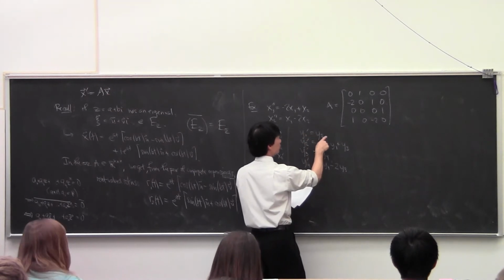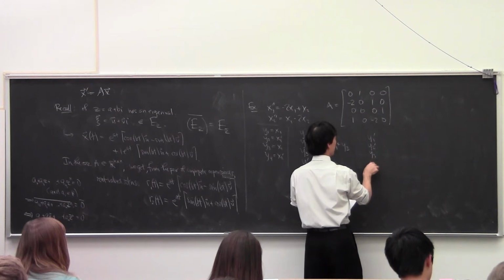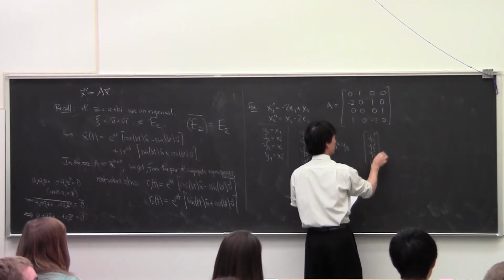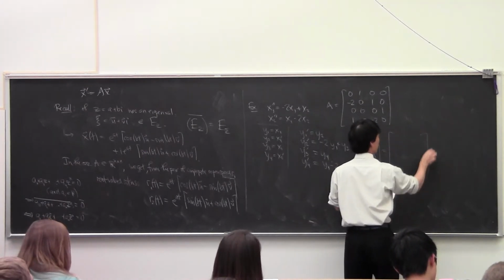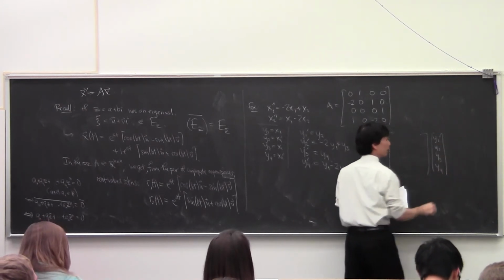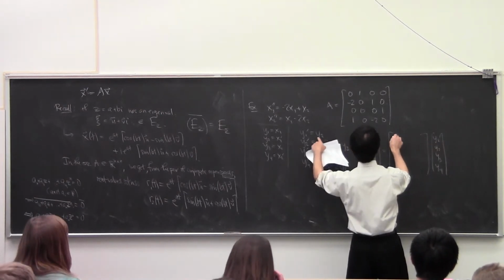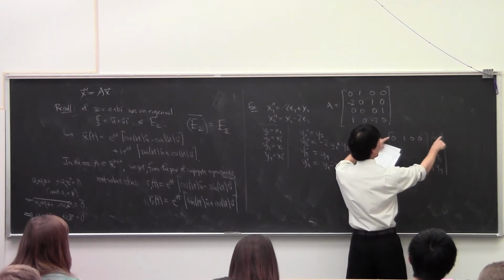If I write Y1, Y2, Y3, Y4 in matrix form, what matrix do I want? Y1 prime has to be just Y2, so 0, 1, 0, 0.